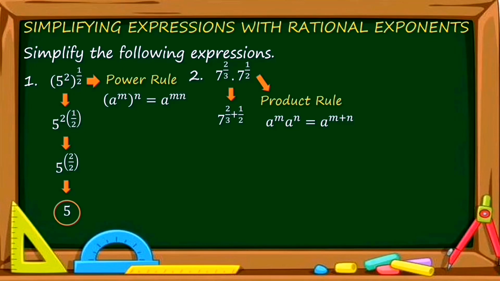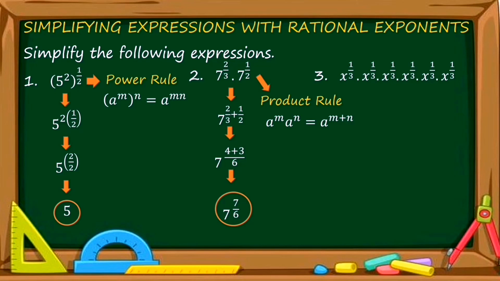Then simplify the rational exponents by looking at the least common denominator, which is equal to 6. Then 6 divided by 3 is equal to 2 times 2 is equal to 4. 6 divided by 2 is equal to 3 times 1, which is equal to 3. Simplifying it again, our final answer is 7^(7/6).